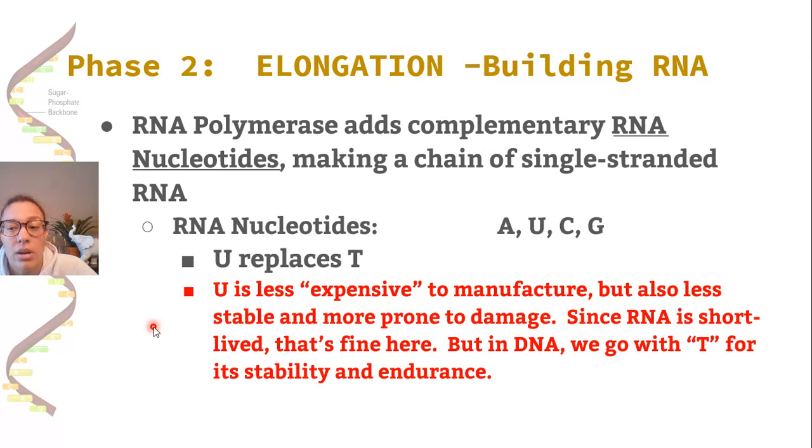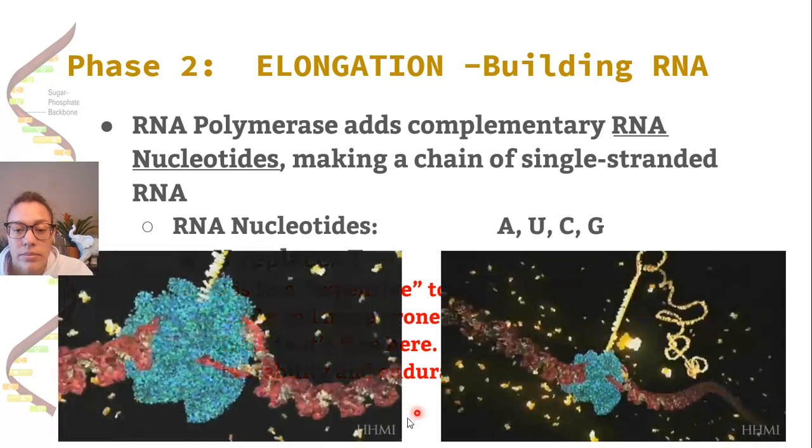So the U part just gives it a short lifespan for that strand of messenger RNA. And so our DNA has the T, which has a lot more stability to it, which we need because our genetic material is based off of that, right?